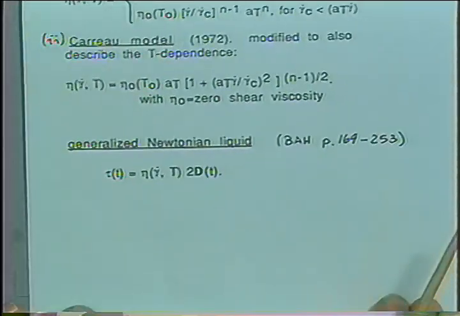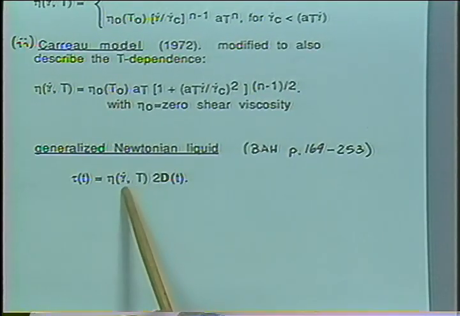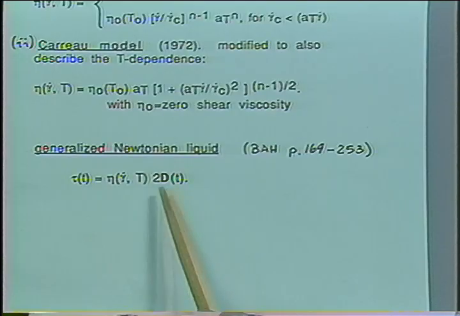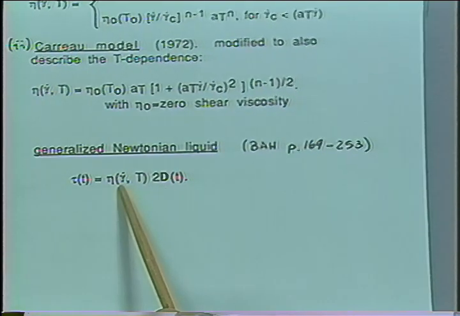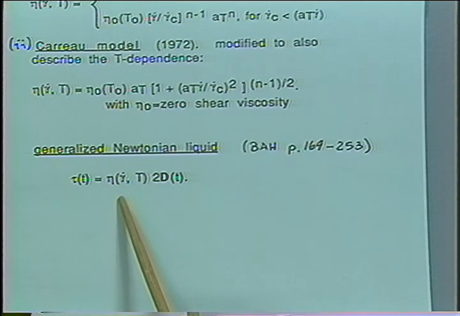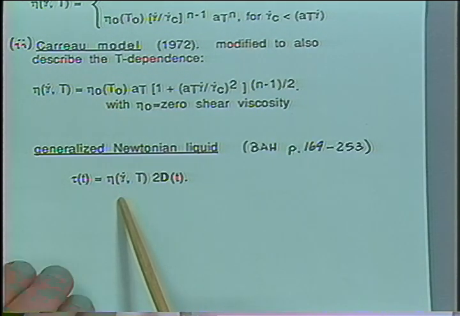Now, it's also very popular to use this shear rate dependent viscosity and enter that into Newton's law of viscosity, where the shear stress is proportional to the rate of deformation tensor times the viscosity. And the viscosity then would be a function of the second invariant of the rate of deformation tensor.